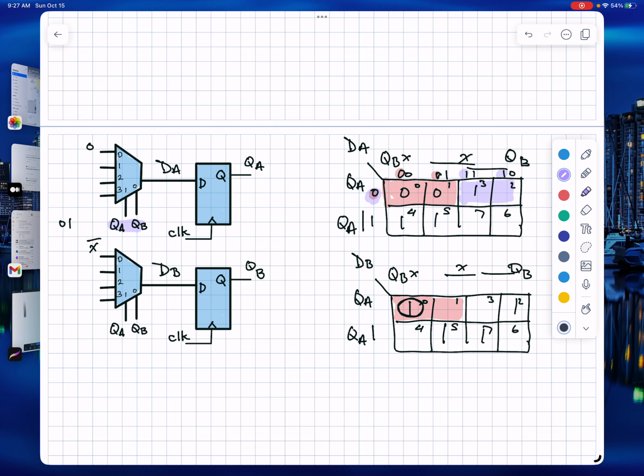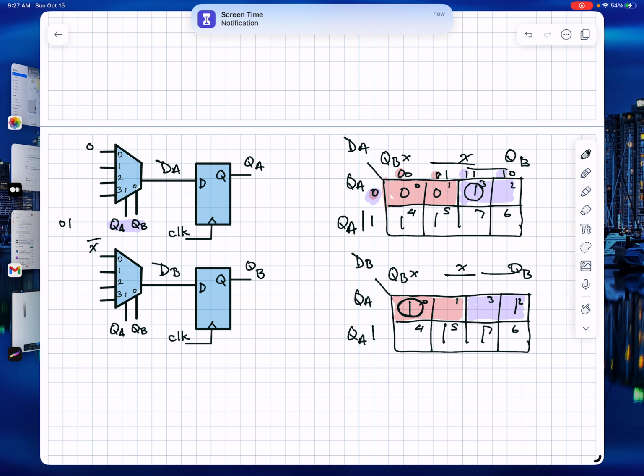That's true on both Karnaugh maps. Looking at that reduced Karnaugh map that's now just a function of X, I can read this. If I circle this 1, that's in the X region of the map, so this would be X. If I circle this one on the B map, that's on the X bar half of the map, and so this would be X bar.